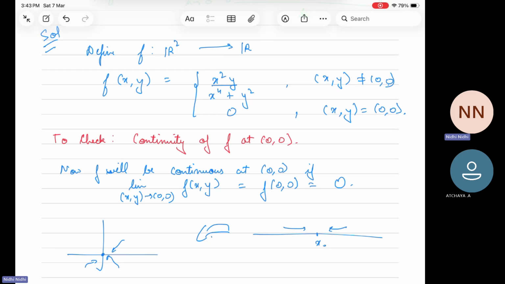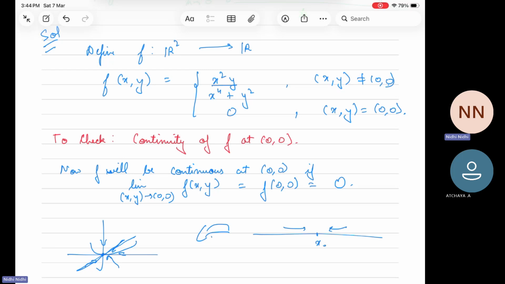I can go along the x-axis, along the y-axis, along this line, along this curve. There are so many paths to reach the point (0, 0). So a very easy way to show that the limit does not exist is to show that there exist two distinct paths along which the values are different, the way we did in the one variable case, where if the left hand limit and right hand limit are not equal, we say that the limit does not exist.